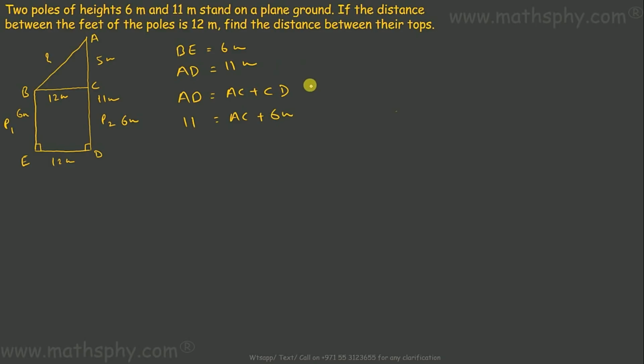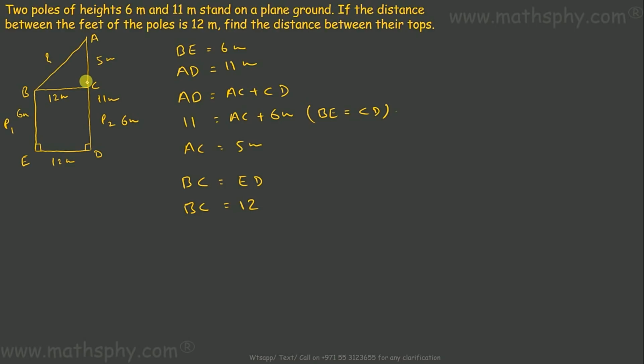I'll write here, BE is equal to CD. So AC would be 5 meters. And then write here BC is equal to ED. If ED is 12, BC will also be 12. So I have this 12, this 5. I need to know this.